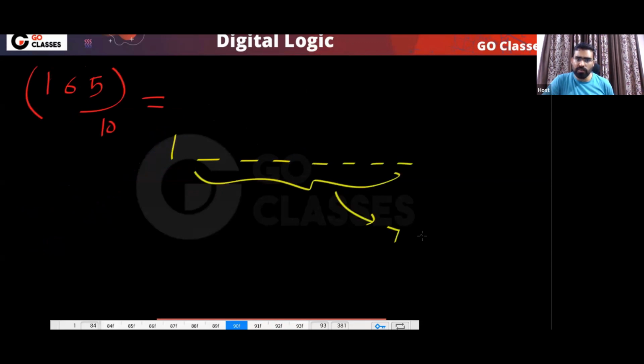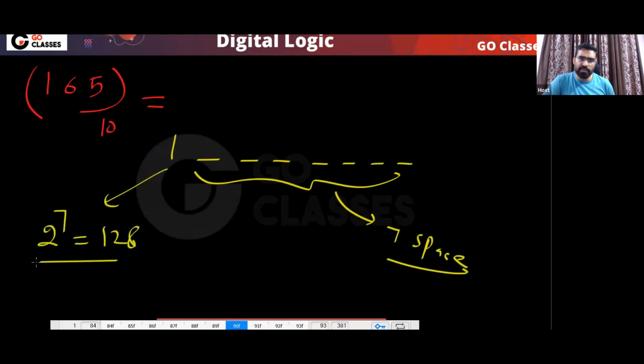Because this will give me 2 power 7, and that is 128. I have 128. So how much is remaining? 37 is remaining. I want 37.